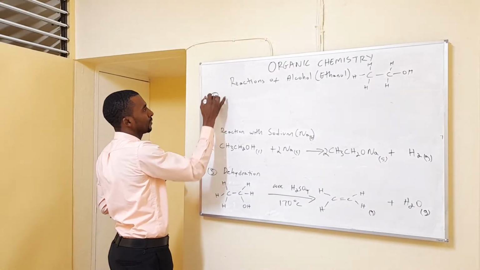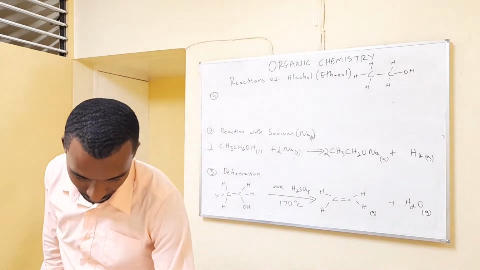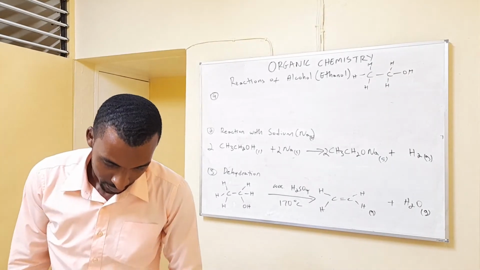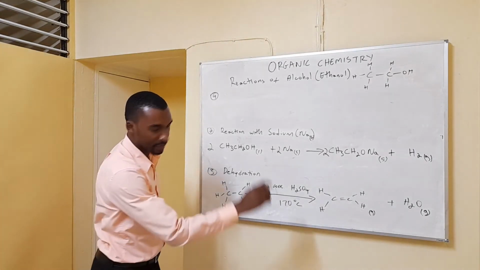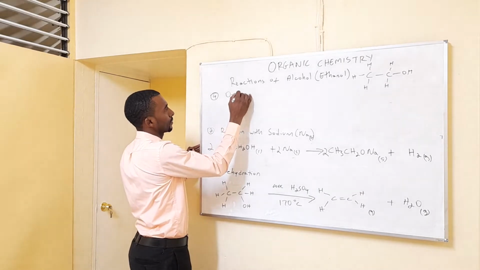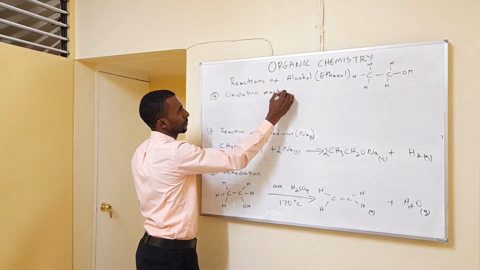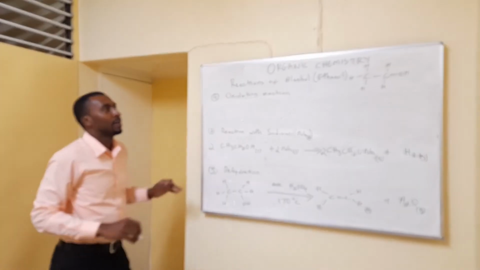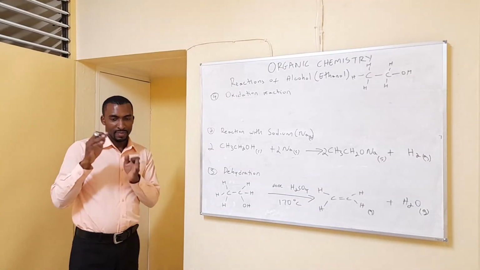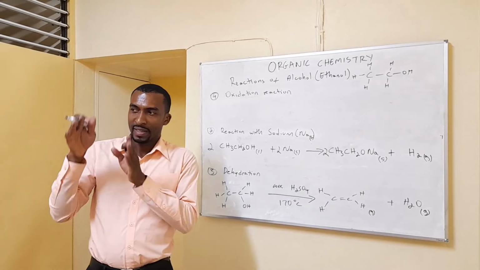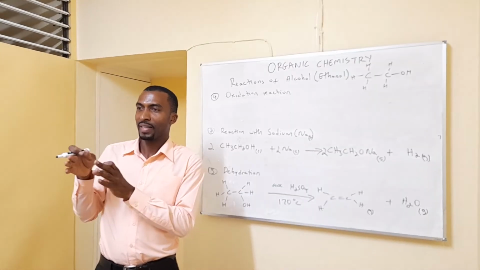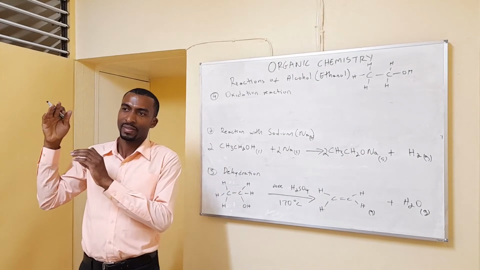That's it. 4. Oxidation, right? As you can see, it's step by step. Alkenes could be oxidized to alcohol, and the alcohol can be further oxidized to acid.